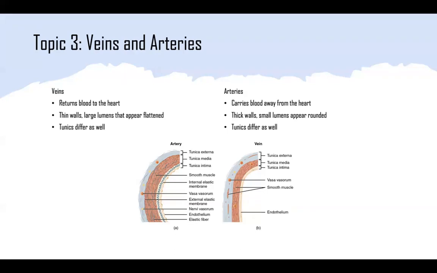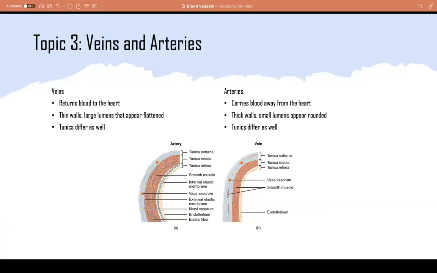In arteries, the tunica media is the thickest layer, and smooth muscle cells and elastic fibers are predominant, and the nervi vasorum is present. In veins, it is thinner, and smooth muscle cells and collagenous fibers are predominant, and the nervi vasorum is present as well.